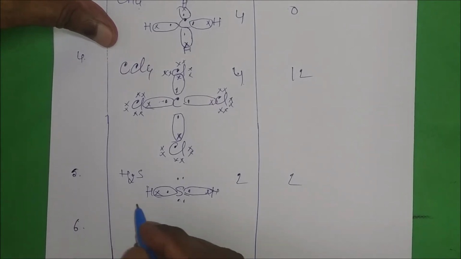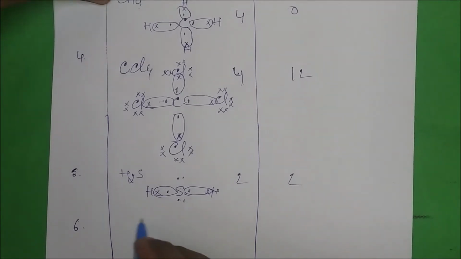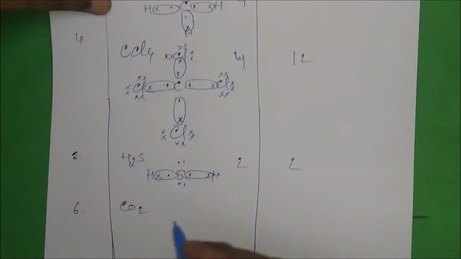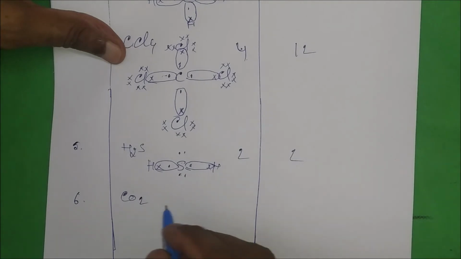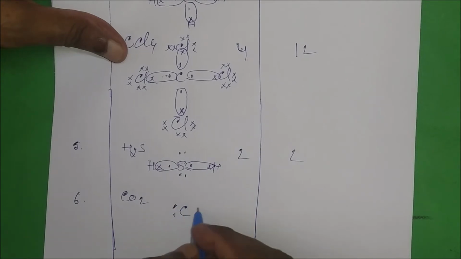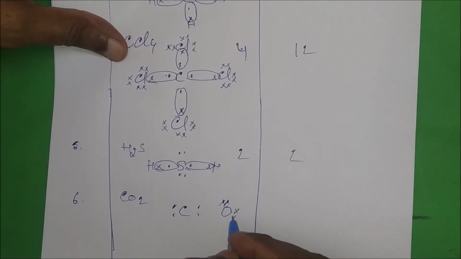So similarly, the sixth one. You see, many of them are there, but try to understand a little bigger one also. Carbon dioxide, CO2. So oxygen is 2 there, right? Carbon, see here. Carbon means 2 here and 2 here. Oxygen, that you know, 2, 4 and 2, 6.